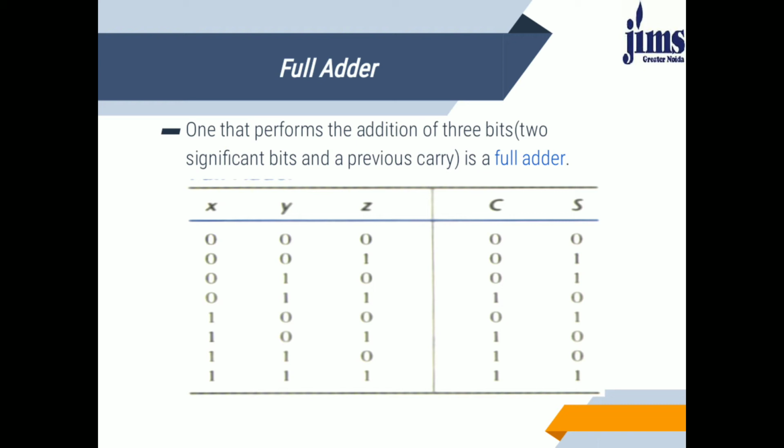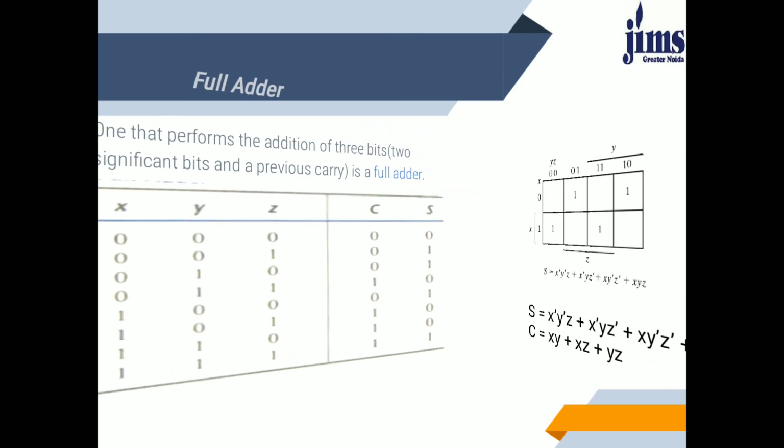Accordingly, 2 raised to the power 3, a total of 8 combinations will be there, which generates an output of sum and an output of carry. You know the binary addition rules. According to them, you can add these and generate the output of sum and carry. According to these, you need to make 2 K maps, for sum and for carry.